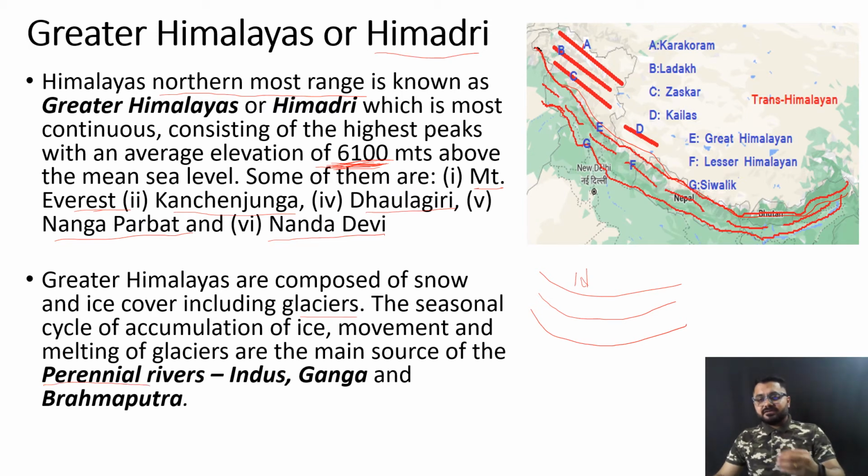Perennial rivers are the rivers that flow continuously throughout the year. They are not like seasonal rivers. They keep on melting through the glaciers. We have three perennial rivers flowing through the Himalayas: the Indus River, the Ganga River, and the Brahmaputra River.